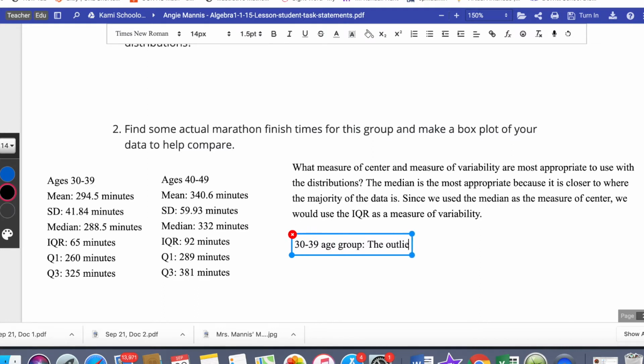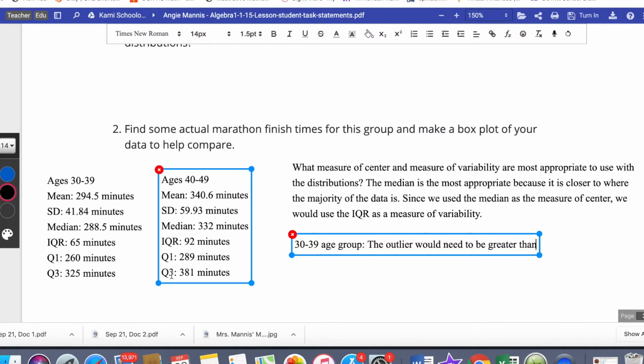the outlier would need to be greater than, and we've got to calculate it, Q3 plus 1.5 times IQR.